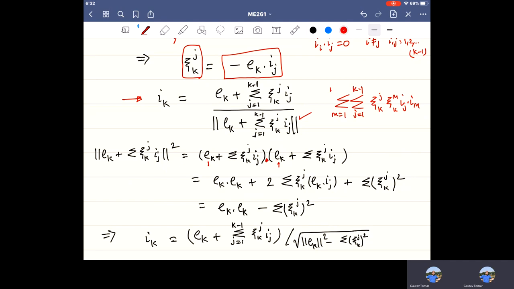Because ij dot im is the canonical delta jm, you end up reducing it to one summation where we can replace j with m. So we get xi kj times xi kj, with j running from 1 to k minus 1. And that's what gives you this.